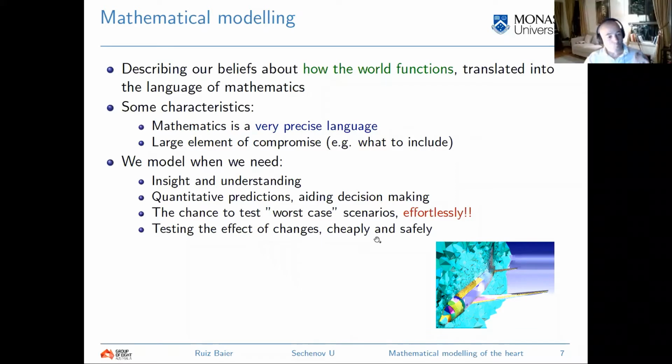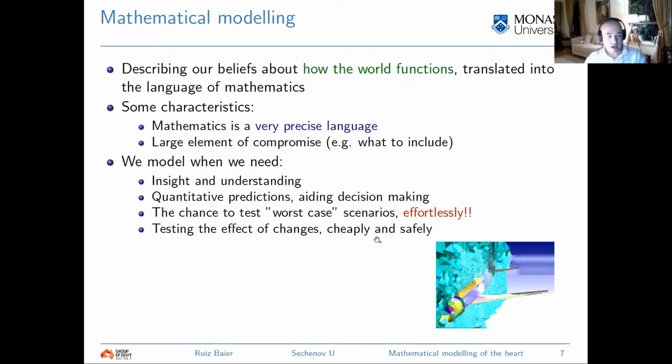The thing is that once you put down that list of concepts or algorithms or equations, you can work with that in a very precise way, because those things are based on the precise language of mathematics.